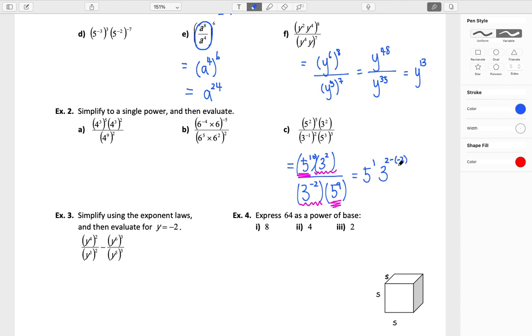Because we're dividing, we've got to subtract the negative 2. But negative negative becomes positive. So it's 3 to the 2 plus 2, which is 4. And then we could simplify further. 5 times 3 to the 4, which is 81. Therefore, we can evaluate it to be 405.